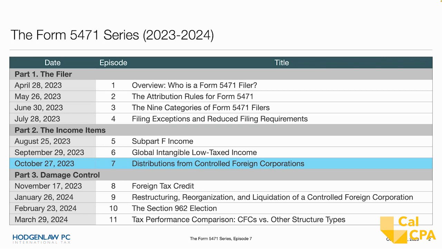First we did the make-pretend income. Let's pretend that you earned the income of this controlled foreign corporation and you're a shareholder, as Subpart F income, as global intangible low taxed income. And now this month is real cash distributions, well, cash and property. But for simplicity, I'm going to be talking about just cash distributions from a CFC.